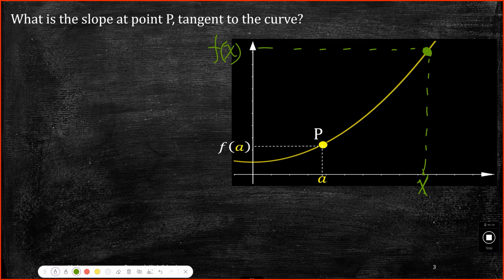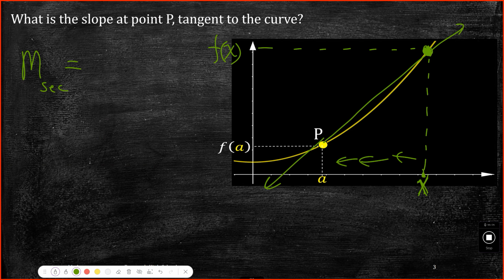That's an even easier way to look at it. What we're going to do is, again, make this point get closer and closer to a. So x is going to get closer and closer to a, not equal to a. We're still going to use the slope formula, let's call it m secant, the secant slope, because this would be the secant slope again.